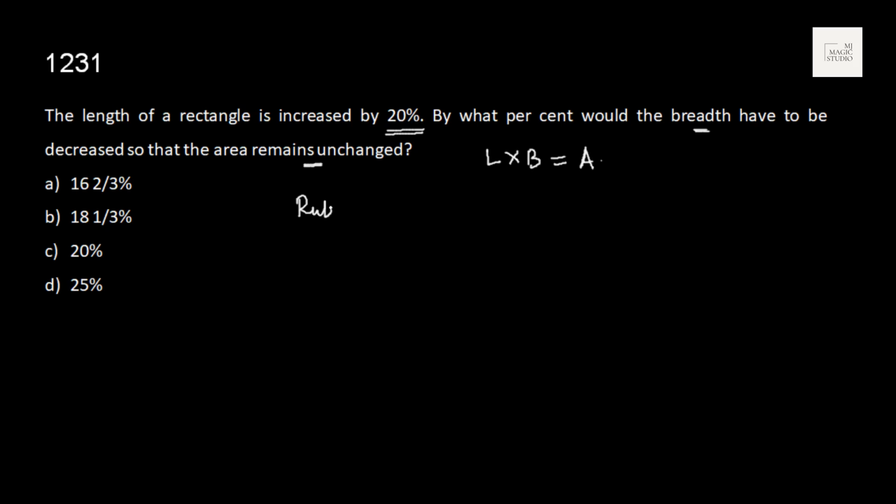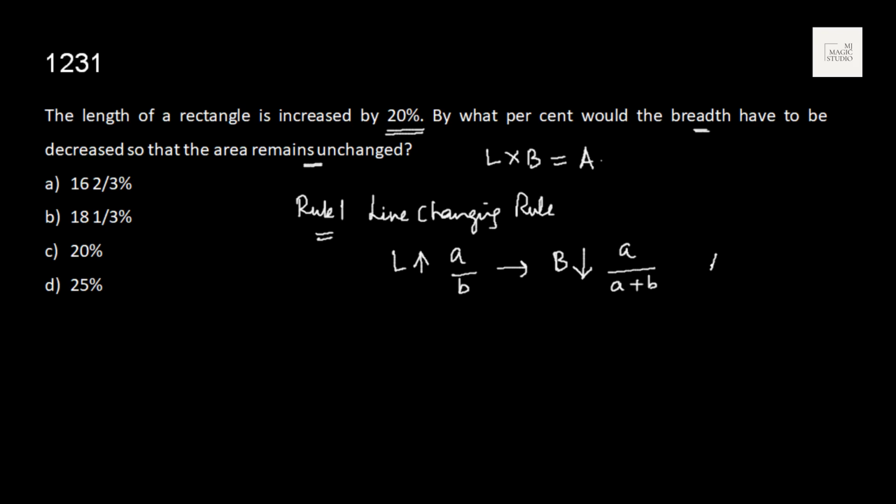And if we follow rule 1 from the rule book, that is the line changing rule, it says that if length increases by A by B, then breadth should decrease by A upon A plus B to keep the area unchanged. So length increases by 20%. 20% means 1 by 5 in fraction. So that means breadth would decrease by 1 upon 5 plus 1, that is 1 by 6. So 1 by 6 is 16.67%.